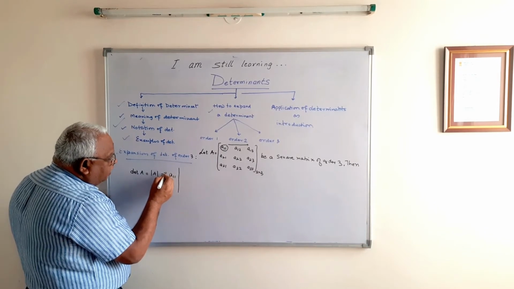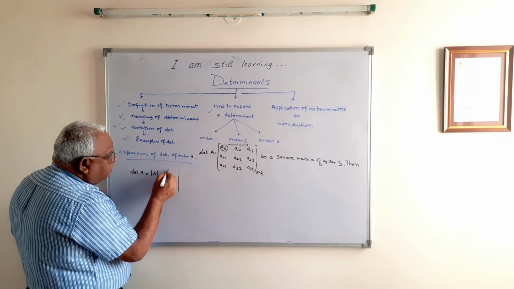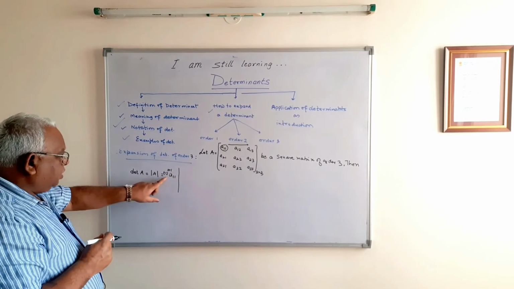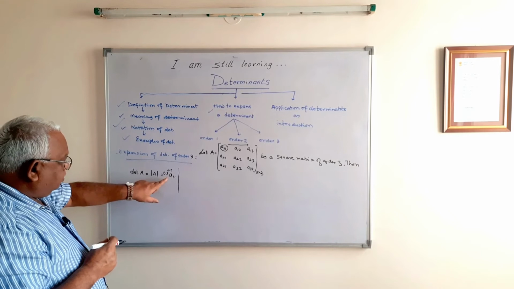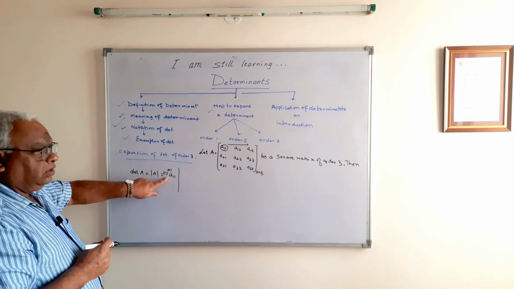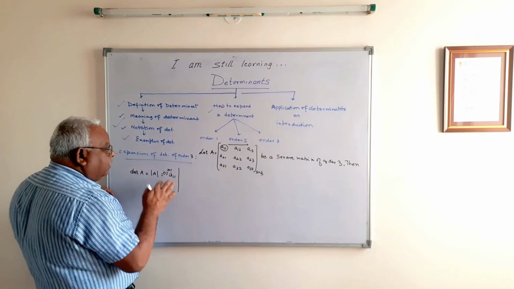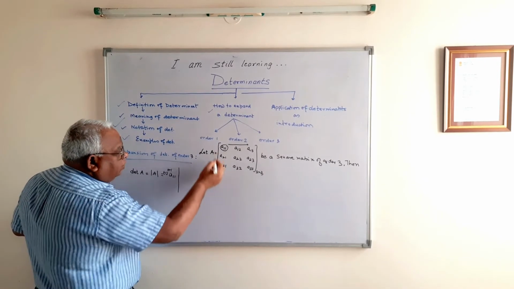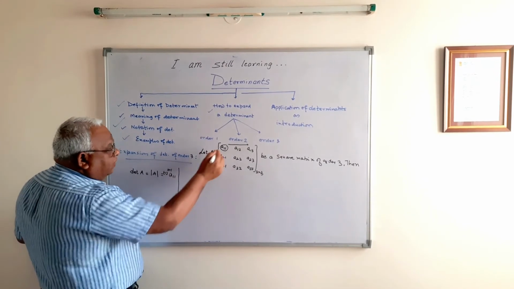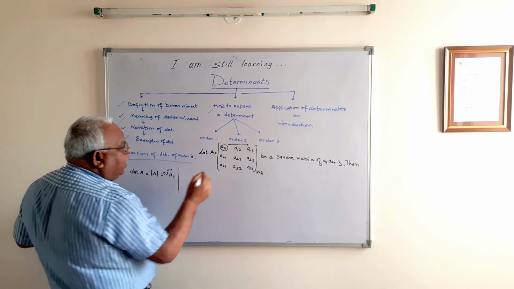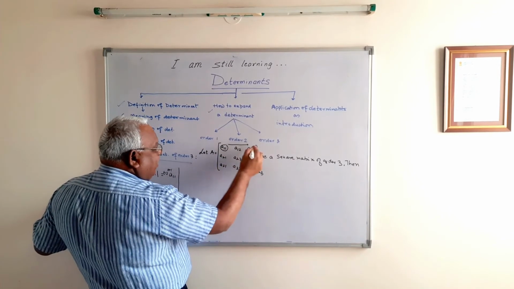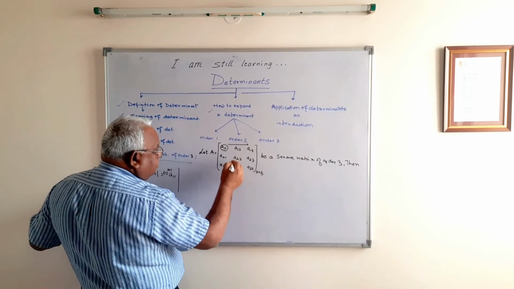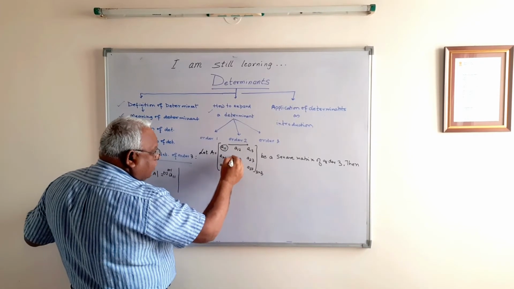Before that, you can write minus 1 to the power 1 plus 1, just for safety reason. This will give you more safety. Why we write that you will understand in the later part. Then what you will do? You will take A11 and you will neglect this row and this column. So what is left? This whole thing is left.